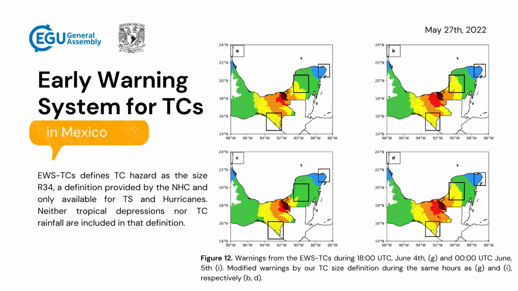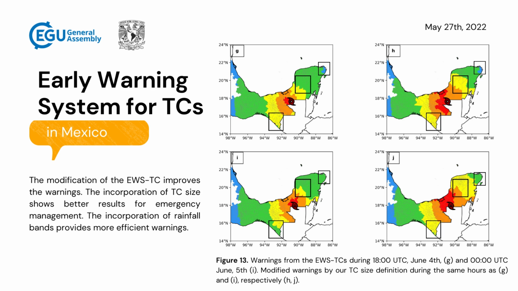In figure 12, on the left, we can find the alerts issued by the early warning system, and on the right, those proposed with the slight changes in this project. The first two warnings issued on June 4th marked regions as minimum danger since the category of the system was tropical storm, but a slight improvement in the sizing of the warnings begins to be seen, replacing it by the size that considers precipitation, extending areas of moderate rain danger.